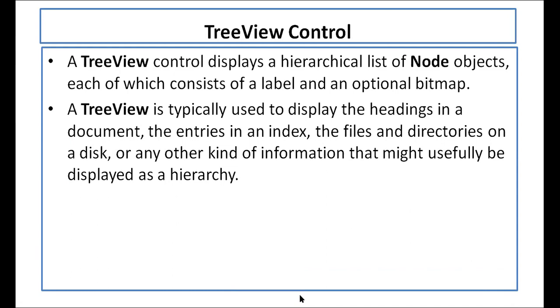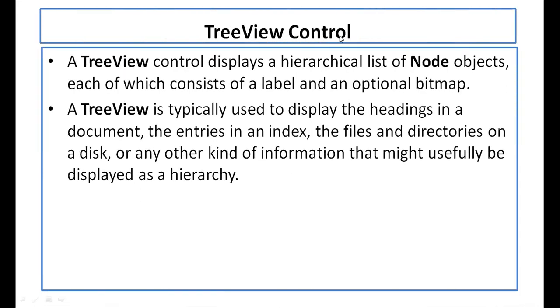So this much data we can view using the TreeView control. The first point says that it is used to show a hierarchical list of node objects which consist of a label and an optional bitmap. It means this TreeView control will show the data in a hierarchical format, but with an image, that is, with an icon and with a caption.